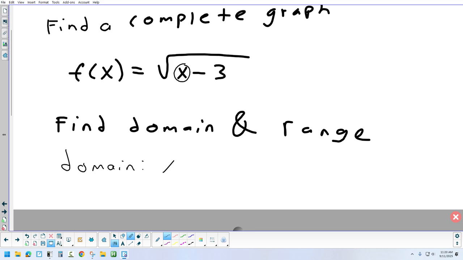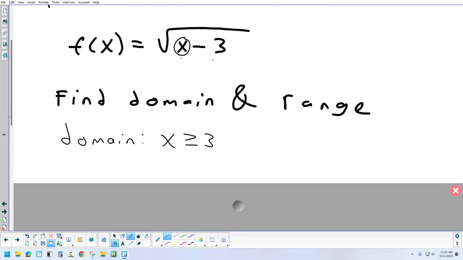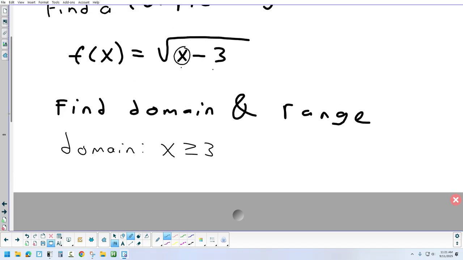Right, the domain would be all numbers 3 and above. If you plug in a number smaller, like 1, well, that's a problem. 1 minus 3 is -2. Can't do that. So domain we can usually figure out just by looking at the equation.